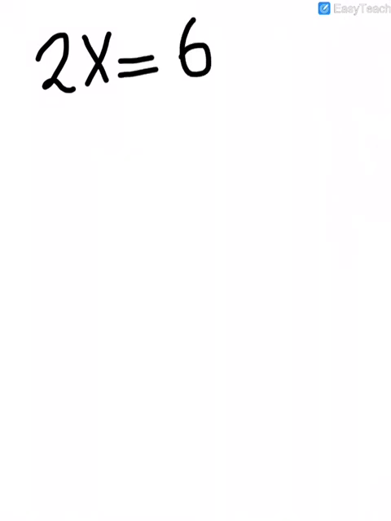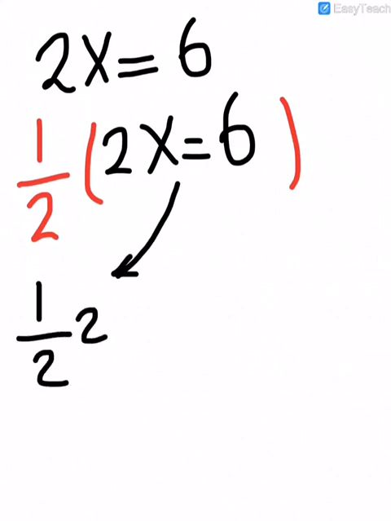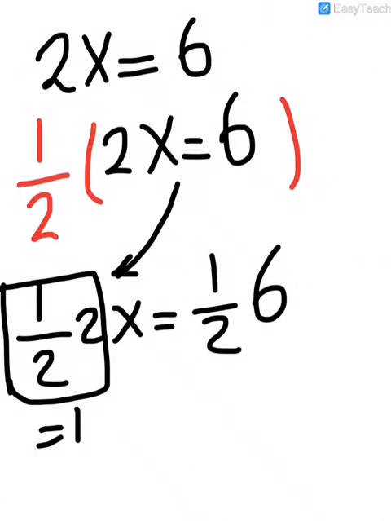What we're doing here is that we multiply both sides of the equation by 1 over 2, and finally we get 1 over 2 times 2x is equal to 1 over 2 times 6. This becomes 1, and x equals 3.